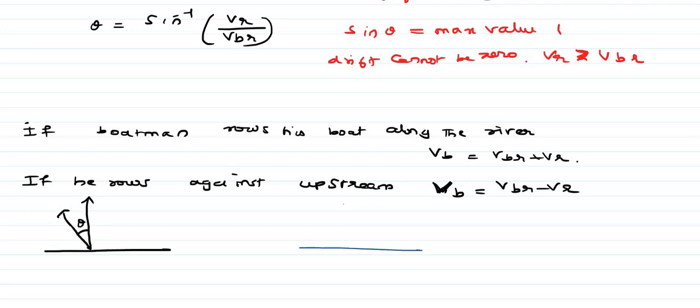Some videos and some books, like Senkage and other books, will take the theta from the x-axis. I am not taking it from the x-axis, I am taking it from the y-axis. With respect to our diagram, you should be able to calculate it. Any doubt, you can tell me now. These are all the basic formulas.